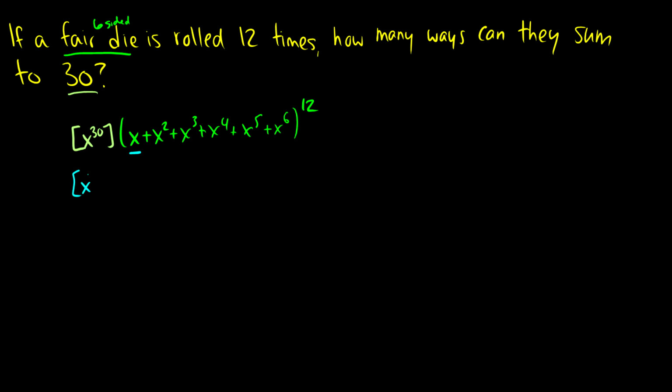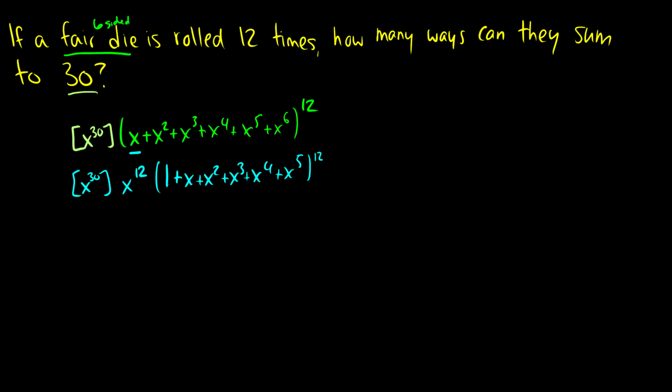So this will be x to the 30th coefficient of, well, we're going to take an x out of the first one, out of the second one, out of the third one, out of the fourth one, and so on. So we're going to take 12 x's out over the course of this. This will be the x to the 30th coefficient of x to the 12 times 1 plus x plus x squared plus x cubed plus x to the 4th plus x to the 5th, all to the 12th.